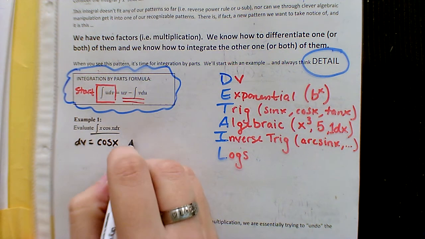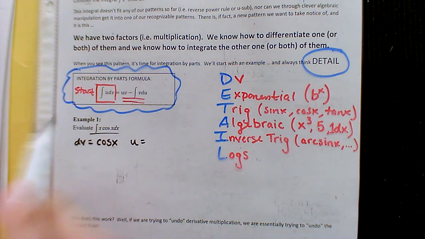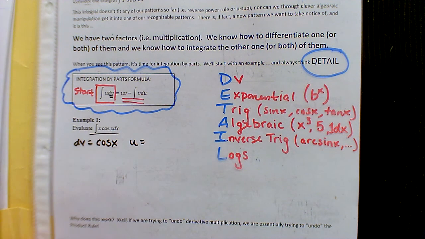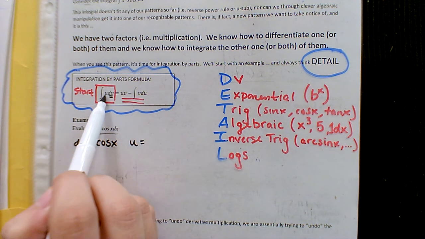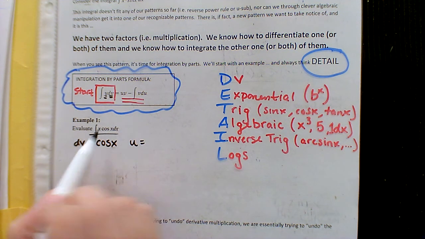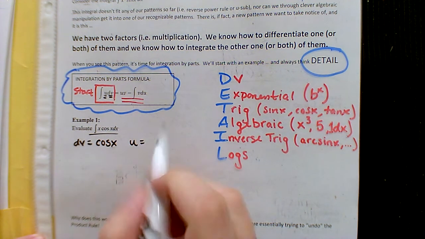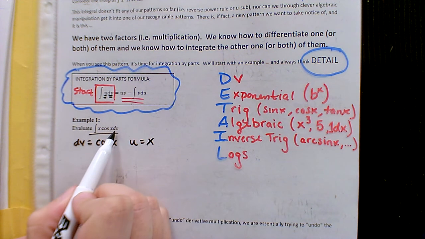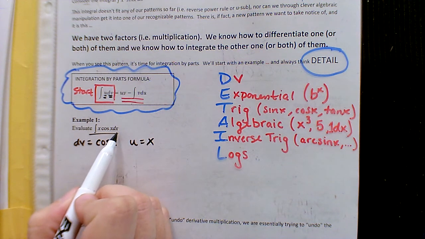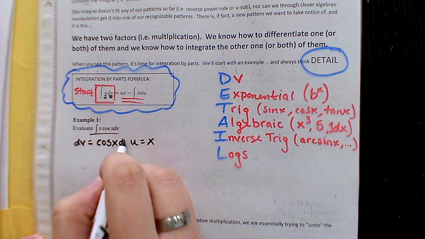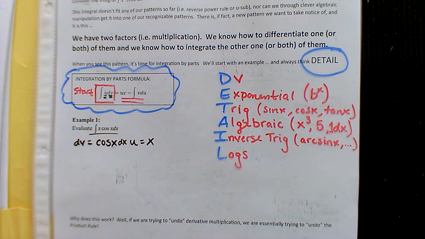which means the u variable, since we already figured out dv, is everything else that we haven't labeled yet. So the x and also the dx. Well, actually, we'll let the dx be on the cosine of x.